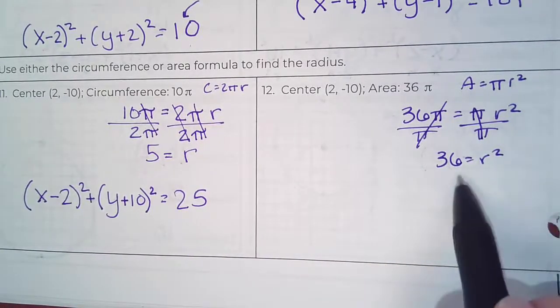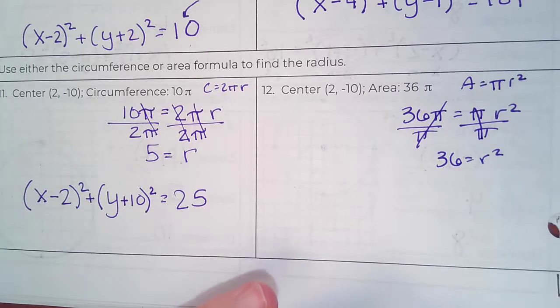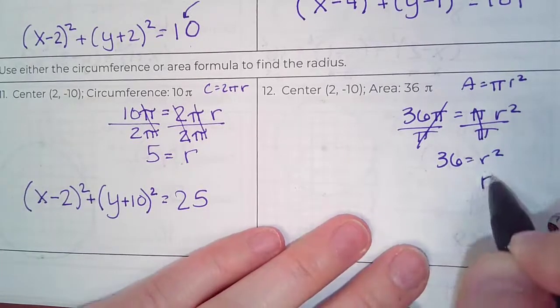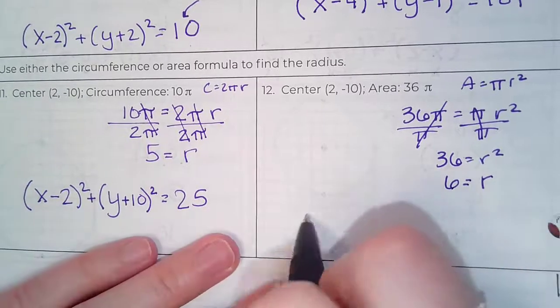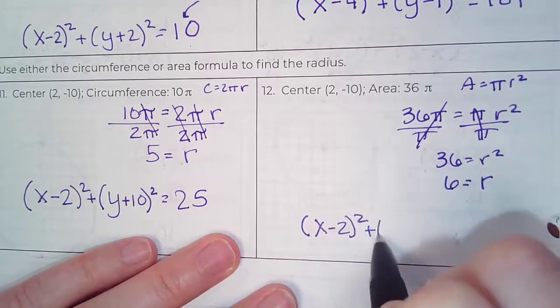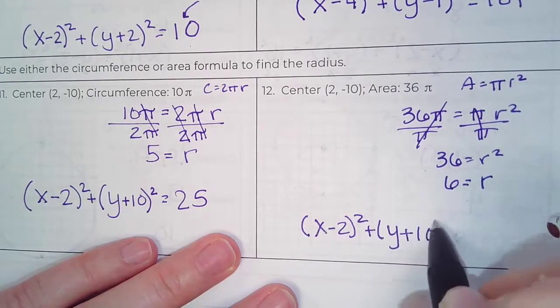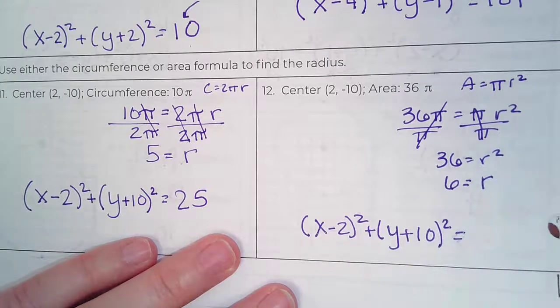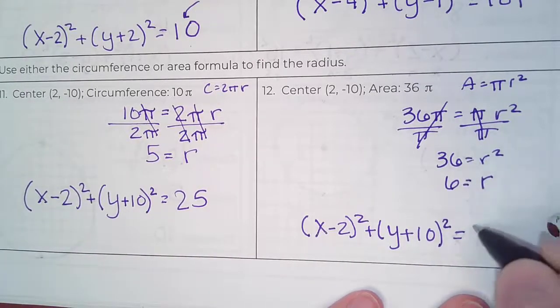What's cool about this is I actually need r squared in my formula for the circle, so I could just stop there if I wanted to, but if I give you a line to solve for r, you can square root both sides. So it'll be x minus 2 squared plus y minus -10, so y plus 10 squared equals r squared, which is 36.